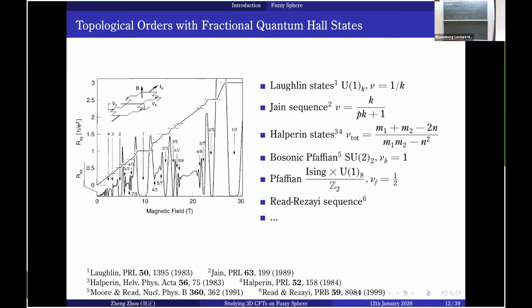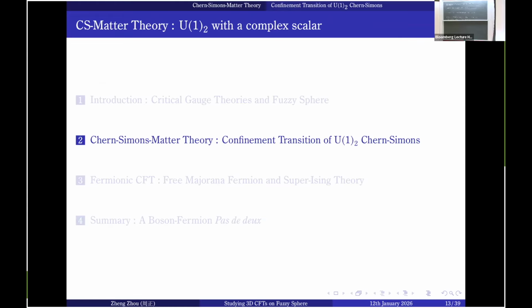There are various abelian and non-abelian topological orders beyond that. So if we construct the transitions between them, those are actually the Chern-Simons-matter theories that we design. So let us look at a first example, the confinement transition of U(1) level 2 Chern-Simons.